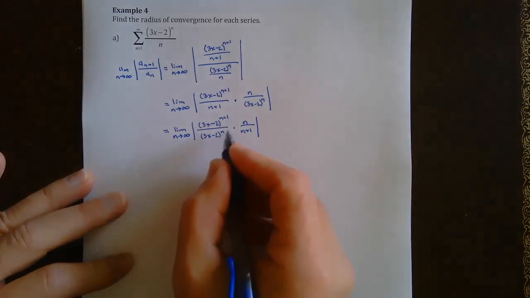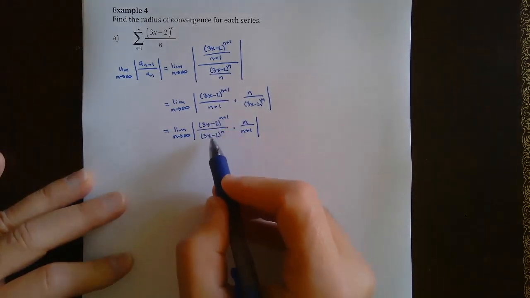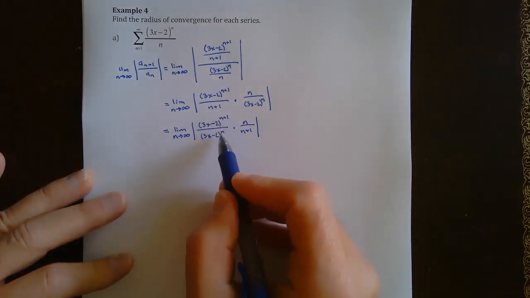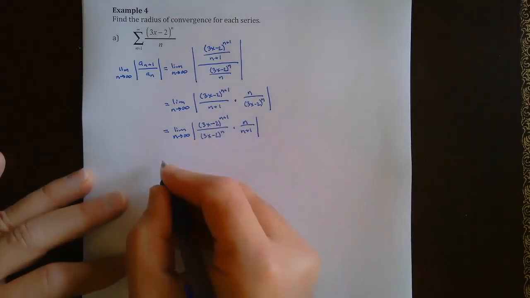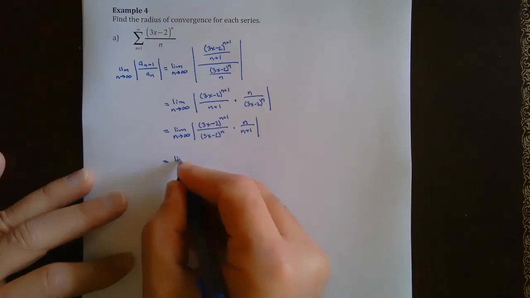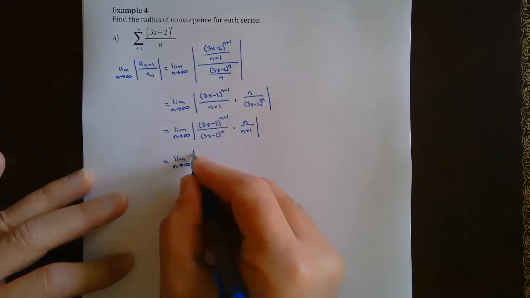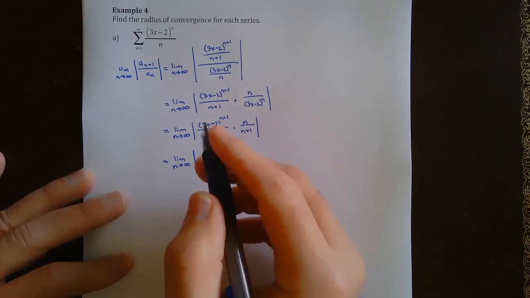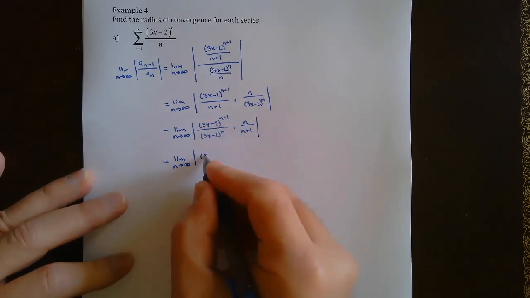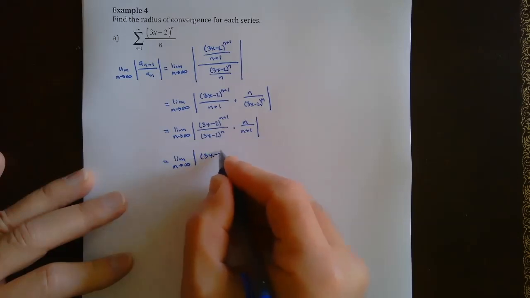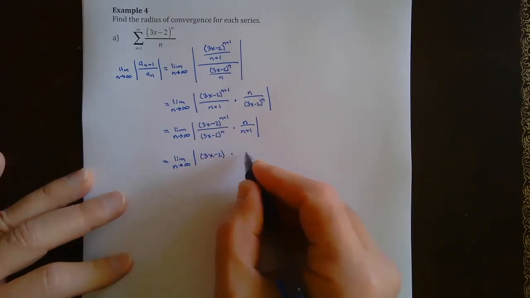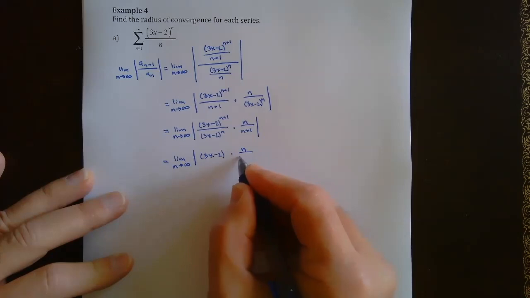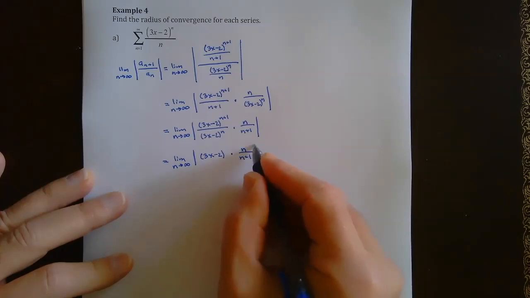These bases are the same, so we take this exponent minus this one, so it's just going to be 3x minus 2 to the first power. So this is equivalent to the limit as n goes to infinity of the absolute value of 3x minus 2 to the first power times n over n plus 1.